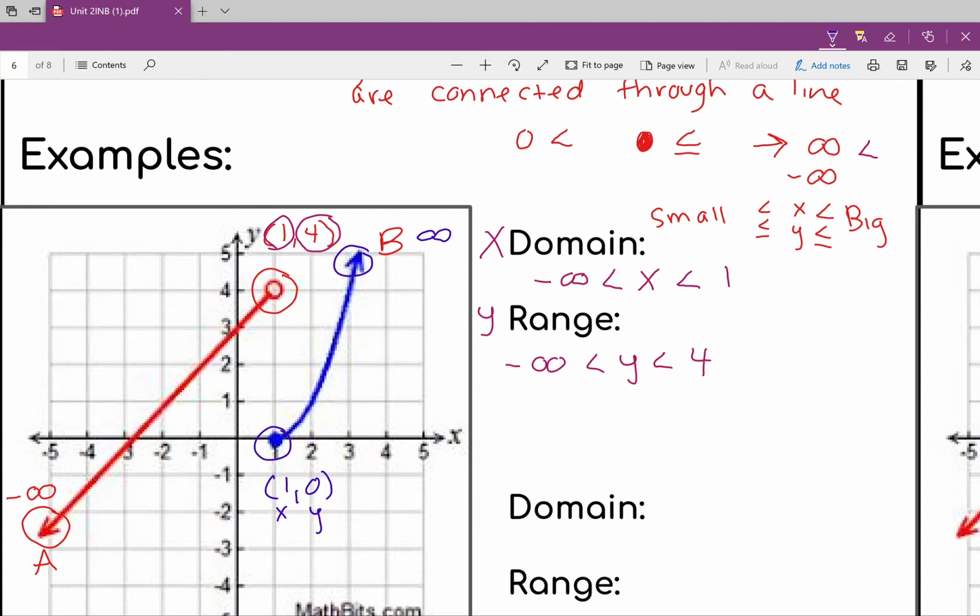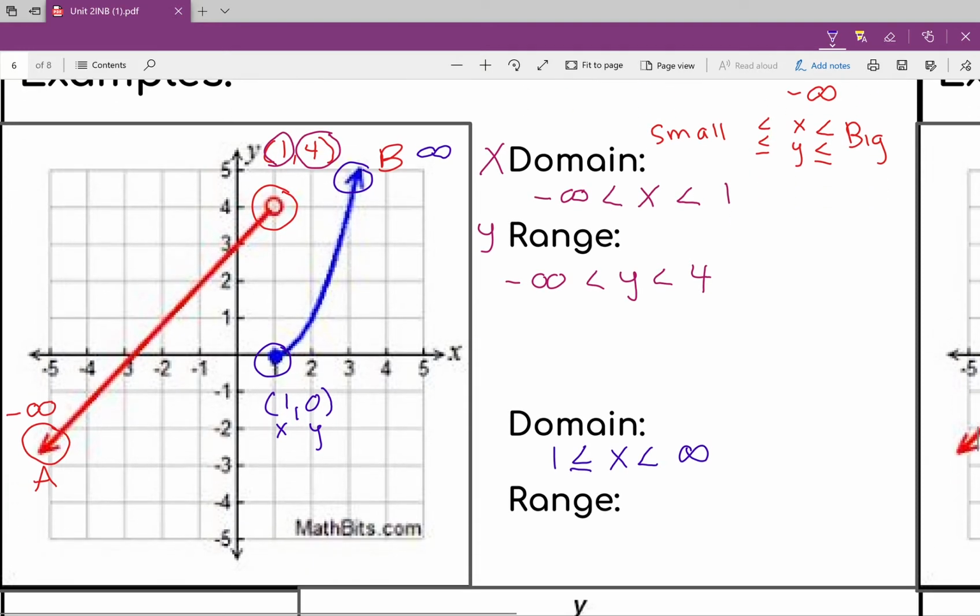Is my smallest number on the x's going to be 1 or infinity? It's going to be 1. So I'm going to write 1, and since it's a closed dot, that's less than or equal to x, because x is the domain, less than infinity, because it has that arrow, and we know when we have the arrow, we use less than.